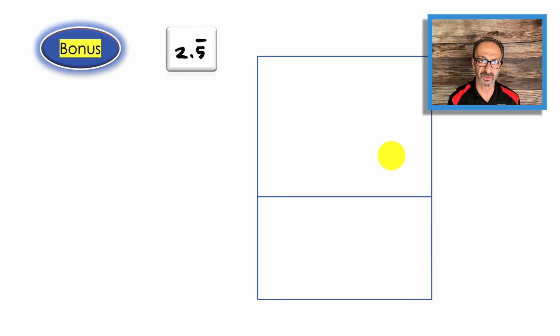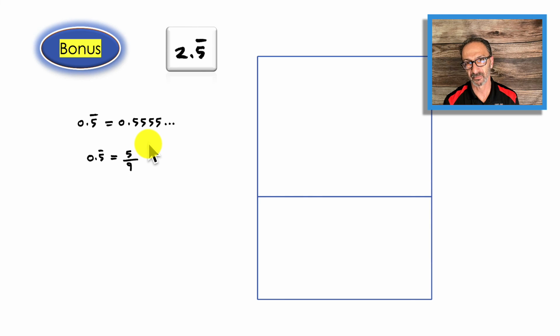Here's 2.5 repeating. 0.5 repeating, we know it from the first example. It's 0.555 all the way. We did this on the side and we came up with 5 out of 9. And it was built in the table for the trick or the shortcuts.